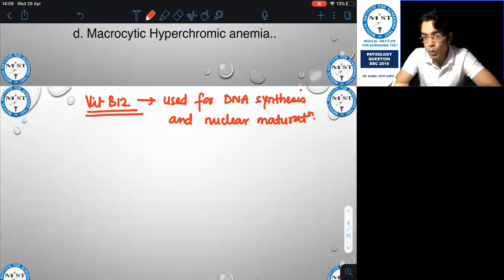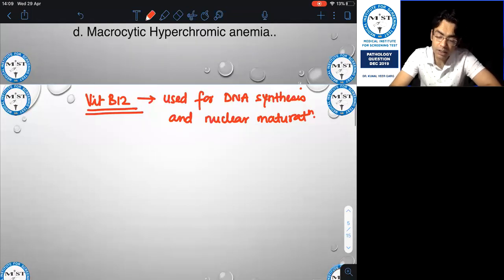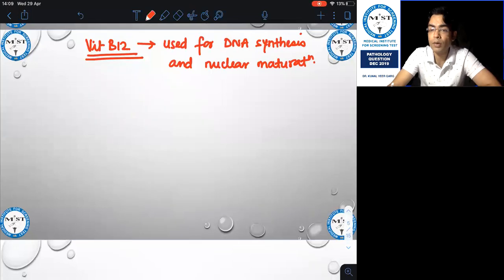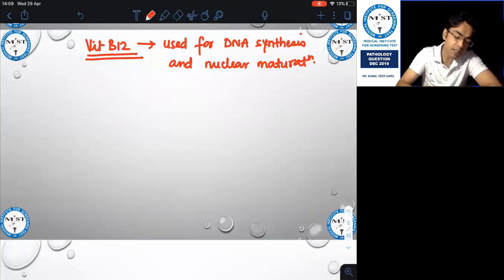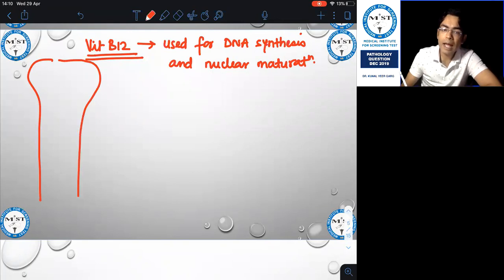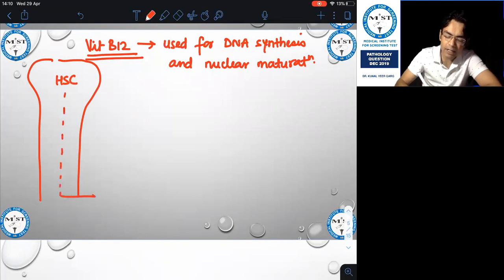Now, whenever we are talking about this DNA synthesis and nuclear maturation, basically, see, this is the bone marrow. Let's imagine this is the bone marrow, and here this is a hematopoietic stem cell. It is taking multiple divisions, and then finally it is giving you a mature RBC. Now, this bone marrow needs vitamin B12 for maturation and DNA synthesis.